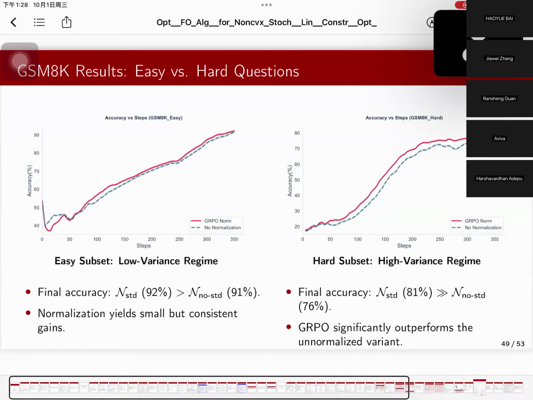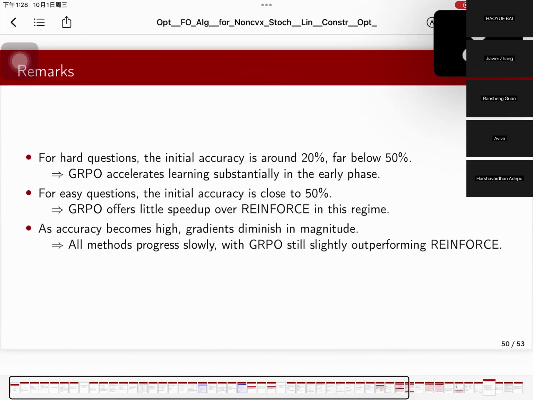But for difficult problems, in the beginning the accuracy is very low, nearly 20%, so the variance is very small. Remember that when variance is small, we can use larger step sizes. So GRPO is much better than REINFORCE. This also coincides with our theoretical findings.